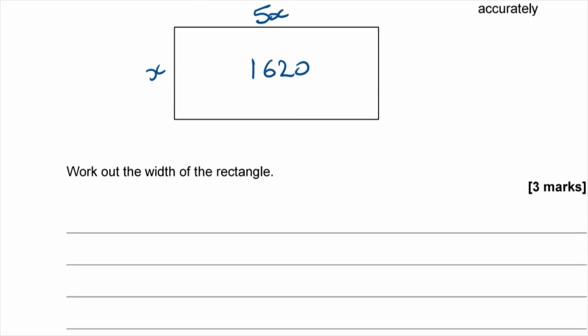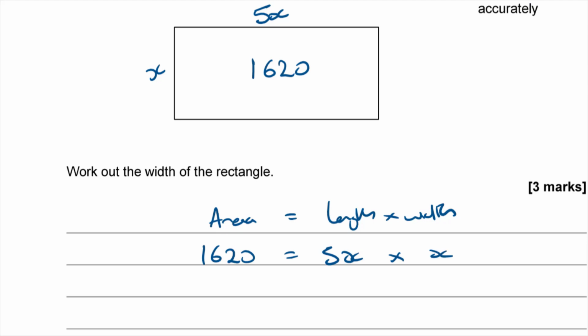Okay, so the area of a rectangle is length times width. So using our diagram, 1620, the given area, is our length, which is 5x, multiplied by our width, which is x, which is 5x squared altogether. So I've got a quadratic equation in x here then, haven't I?